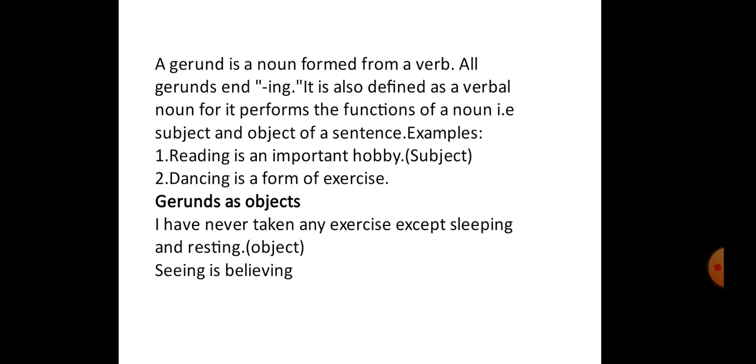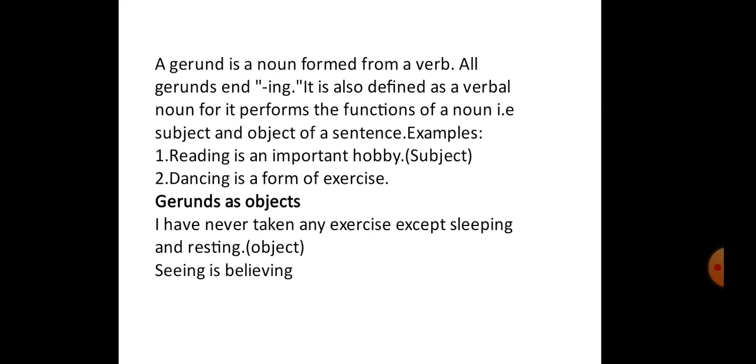A subject performs an action in a sentence, while the object receives the action. Sometimes we say that the object is what is being acted upon, is the receiver of an action in a sentence, while the subject is the performer.